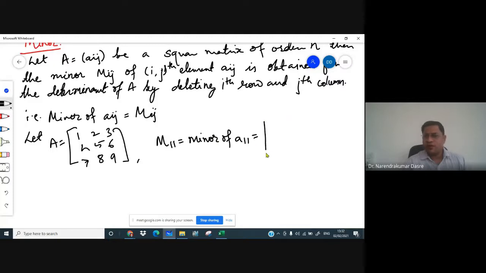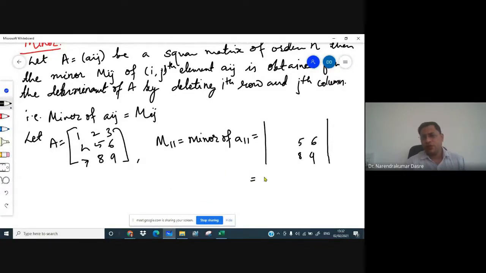So we have to consider the determinant of A, which is 1, 2, 3, 4, 5, 6, and 7, 8, 9. We have to obtain this from the determinant of A by deleting the ith row and jth column. This is going to be M11, so I have to delete the first row and the first column, and whatever the remaining determinant is, that is going to be the minor.